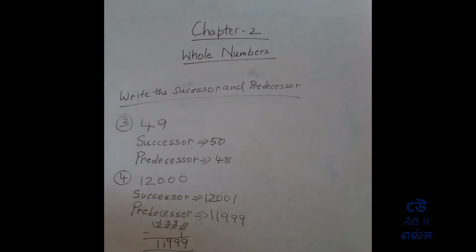But can we count the number of stars in the sky? We can't count the number of stars because it is infinite. Infinite means we can't count. Okay. Next.